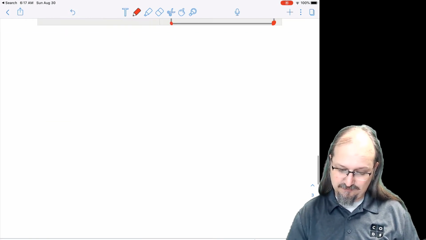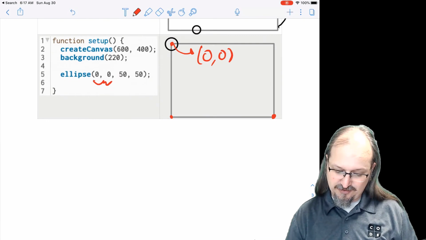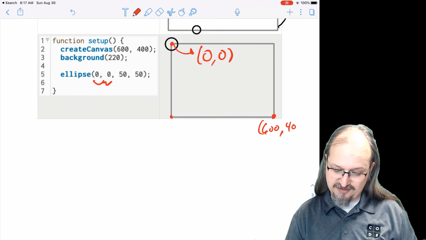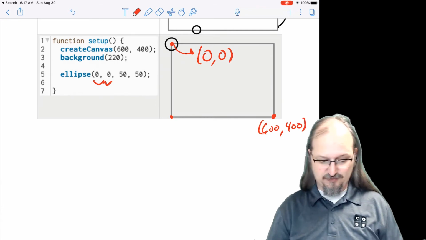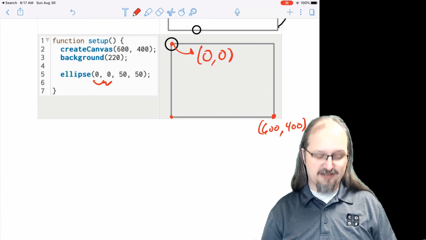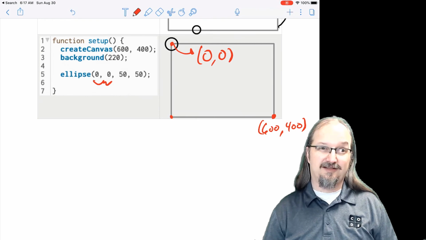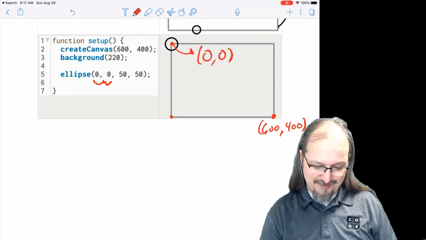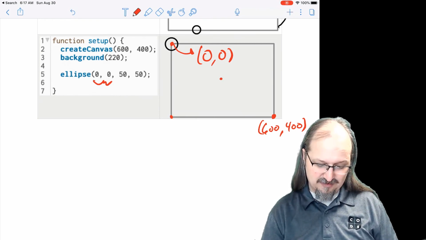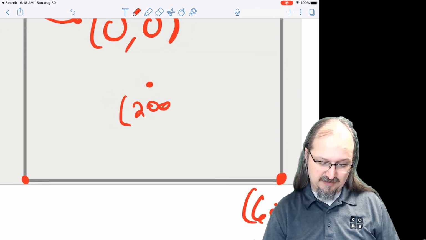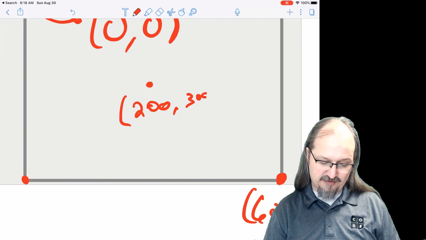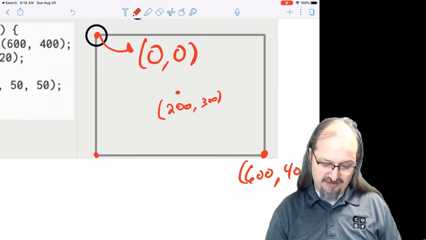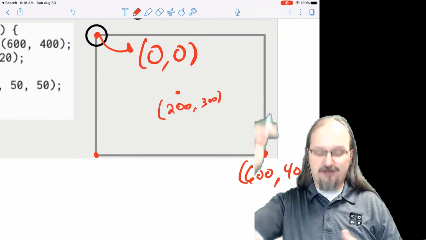So we went 600 to the right and we went 400 down. So this is 600, 400. Okay? So this coordinate would be 600, 400. Not so bad, right? So the smack dab center xy coordinates would be 300, 200, because that would be exactly half of 600 by 400.